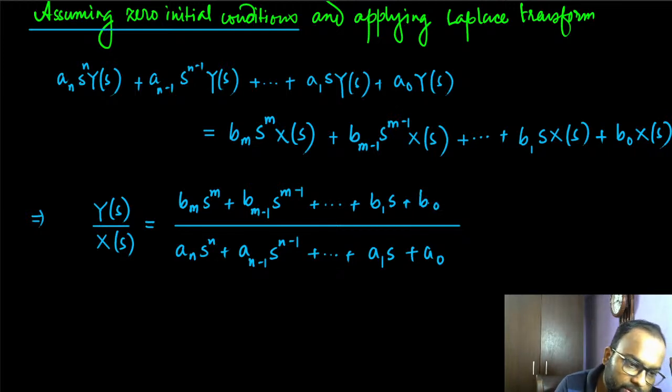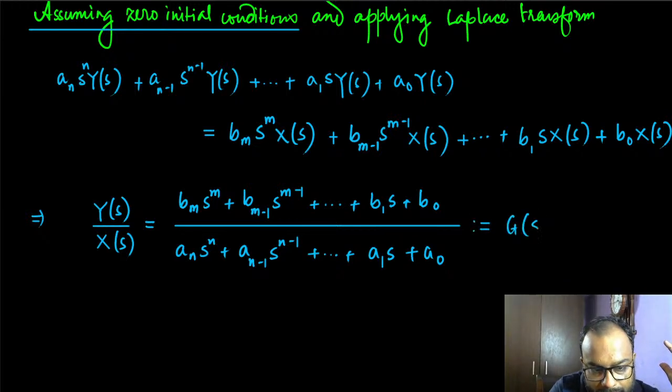All right, so that is once again going to be equal to the Laplace transform of the impulse response of the system under zero initial conditions. This, once again, is defined as the transfer function of the system. So this is a very generalized situation.